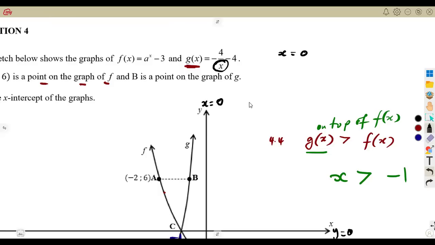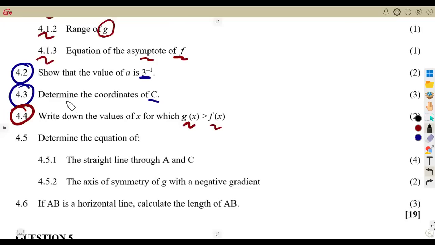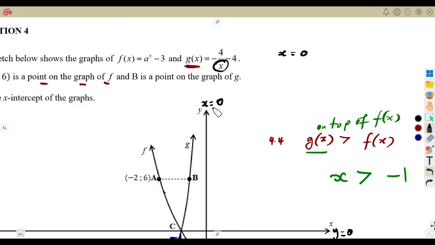When we are dealing with an asymptote of what? With an asymptote of G, we are supposed to consider that. We talked about the asymptote, okay, it was of F. When we consider the asymptote of G, we are supposed to also consider x, which is 0 there.